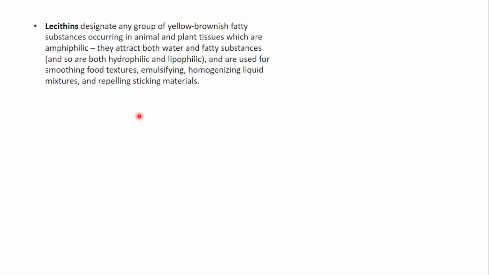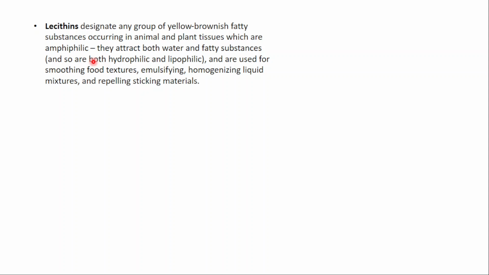Lecithin designates any group of yellow-brownish fatty substances occurring in animal and plant tissue which are amphiphilic. So pay attention to this. Lecithin is a fatty kind of molecule, a group of fatty substances occurring in animal and plant tissue which are amphiphilic.